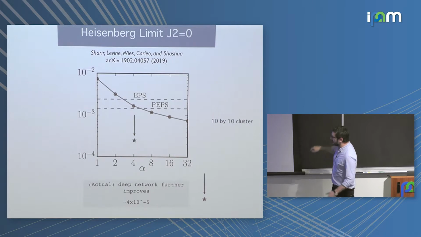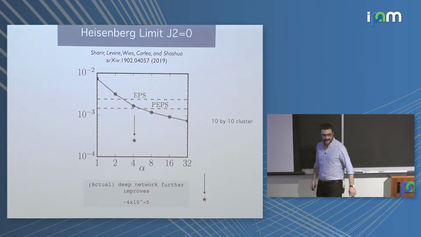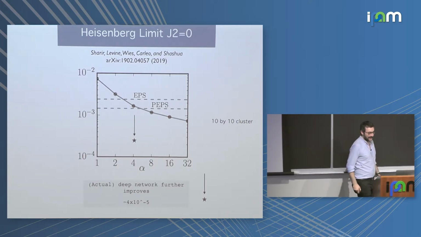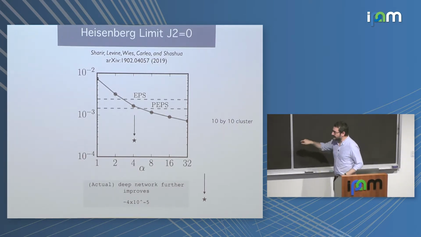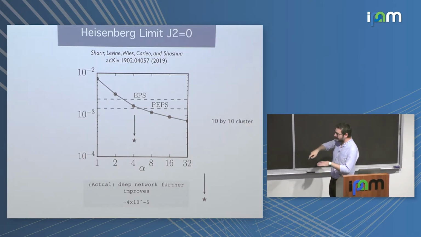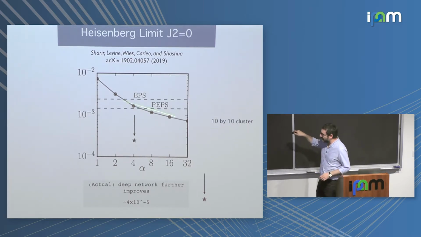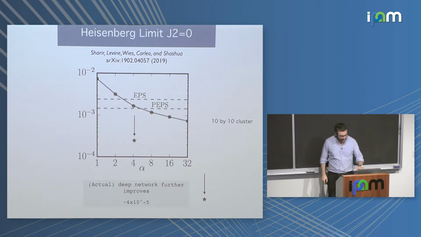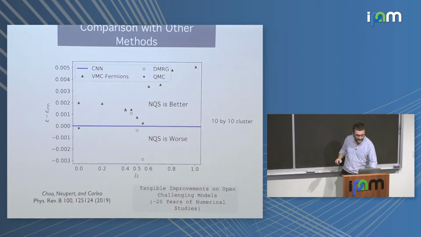So we see that clearly, but the non-trivial thing is how to use these networks efficiently in this kind of learning framework. Again, we see that if you use a deeper network, we really improve on the energy, and we can improve quite substantially over other approaches. So this is the limit where we can benchmark things.